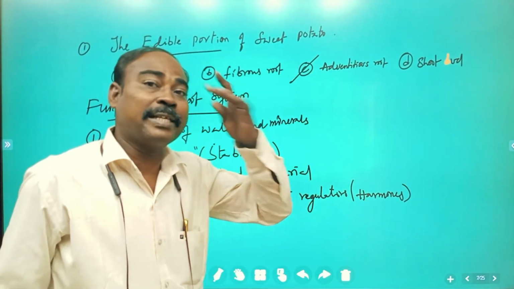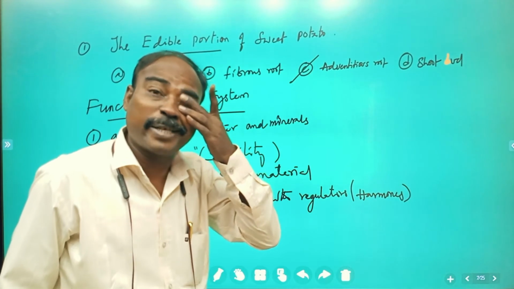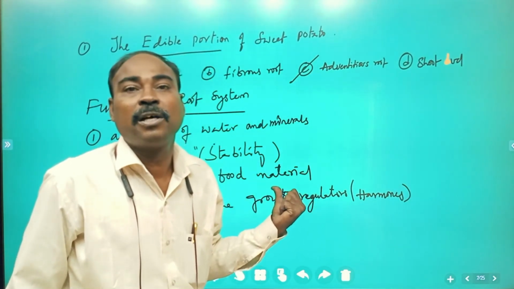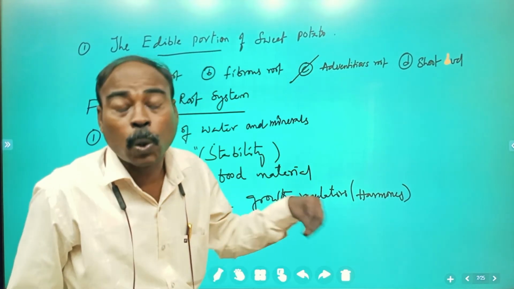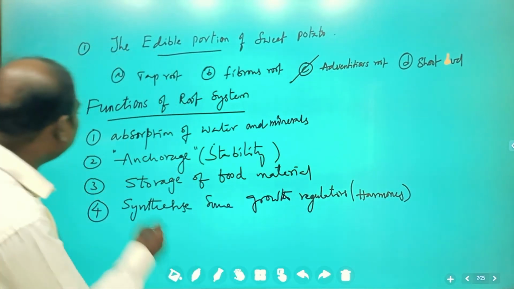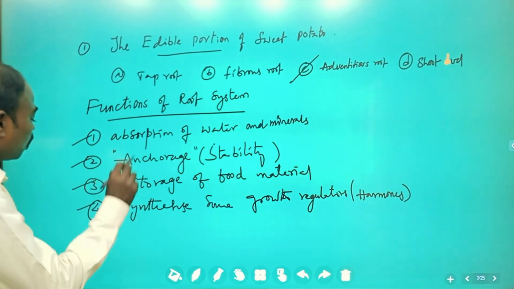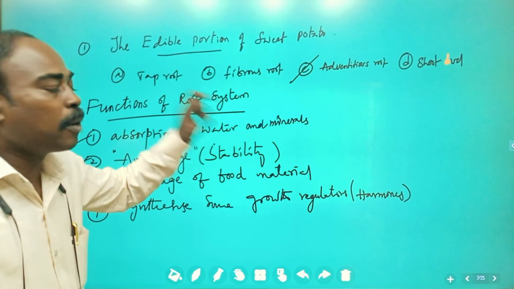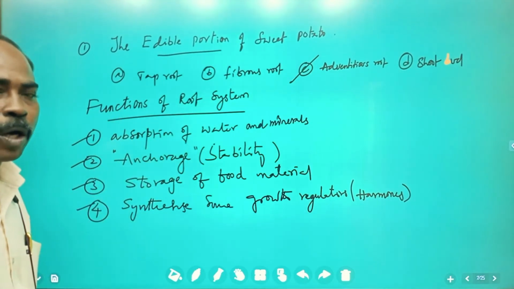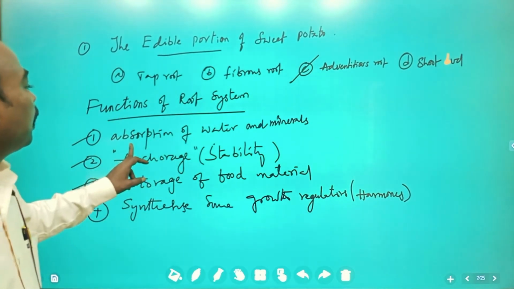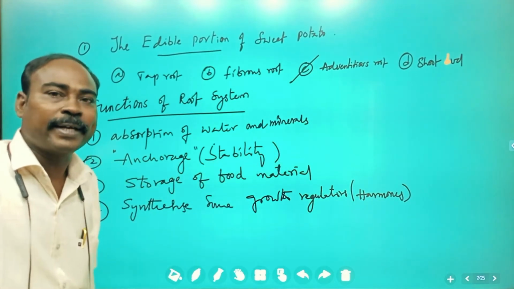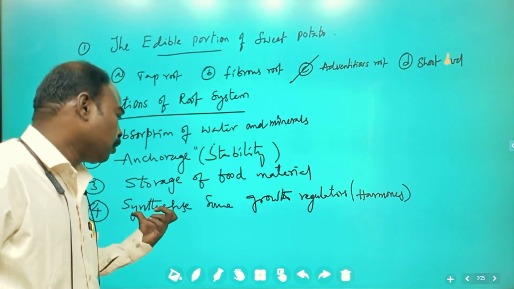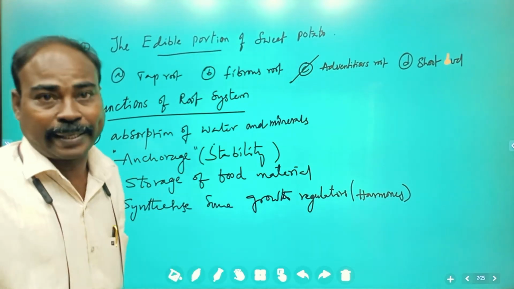We are going to discuss the growth regulators in a separate chapter. But main growth regulators like auxins and cytokinins are synthesized within the root. So these are the main important points about the root functions, which give stability or anchorage to the shoot system, which participate in absorption of water and minerals, which store the food material, which synthesize some growth regulators.